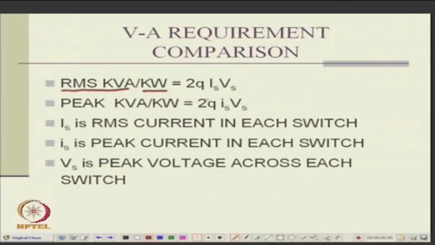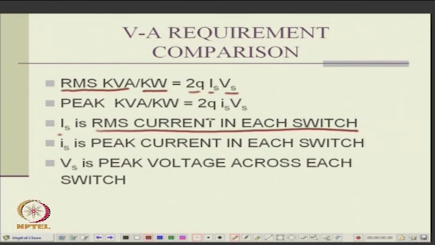Now, there are some relations given here. Basically, the RMS kVA per kilowatt is 2Q IS. IS is the RMS current in each switch. Okay.